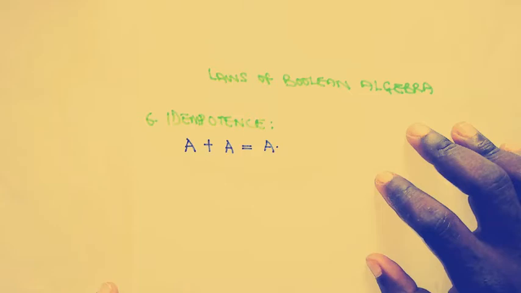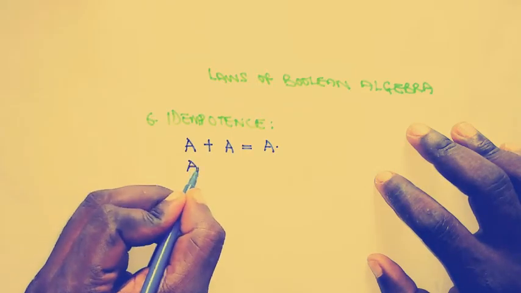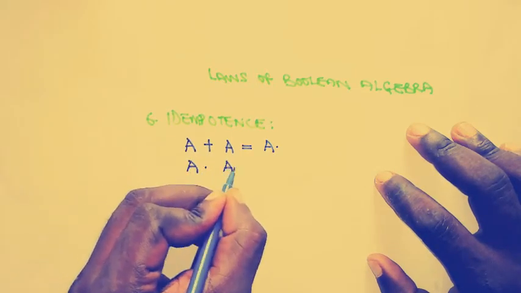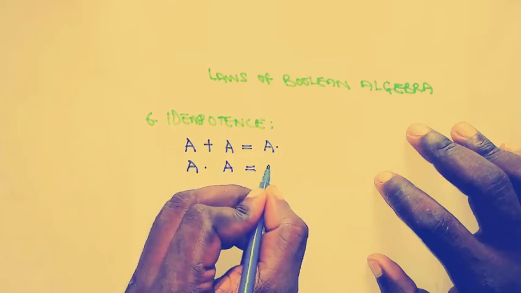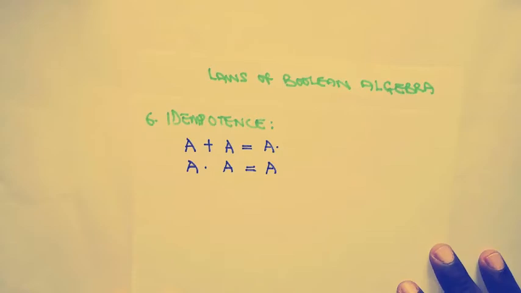So the idempotent law states that A plus A will give you A. An element added to itself will give you A, such that an element multiplied by itself, that is the multiplicative version, is going to give you A, also the same element.